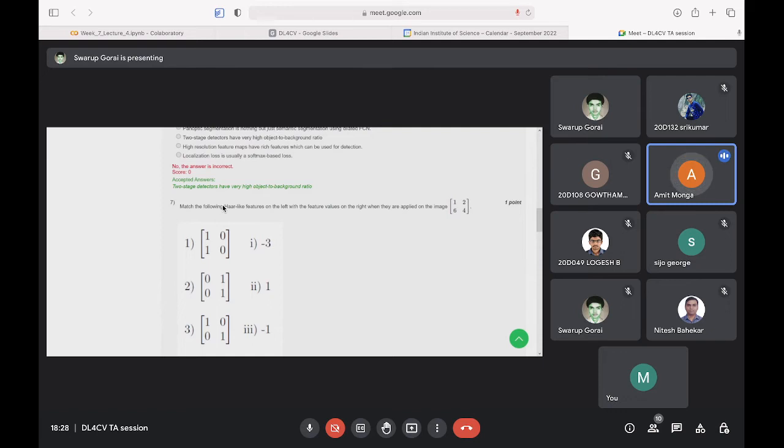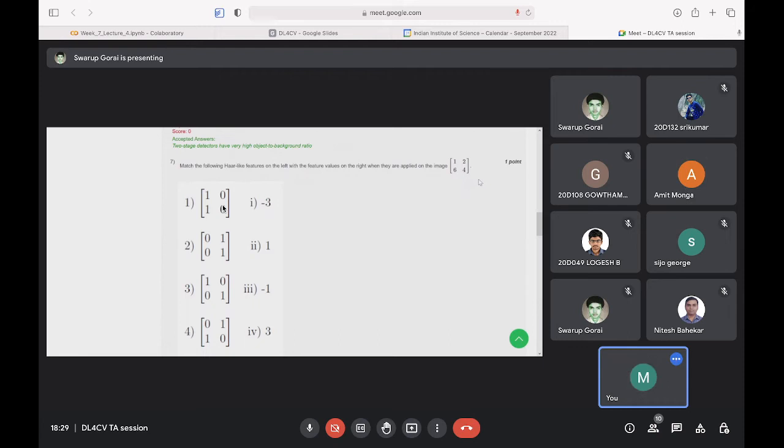After 6 is 7, and 4 and 2 also have to be added, so it will become 6. 7 minus 6 becomes 1. 4 plus 2 becomes 6, and on the other side 6 plus 1 becomes 7. So it is 6 minus 7, minus 1.